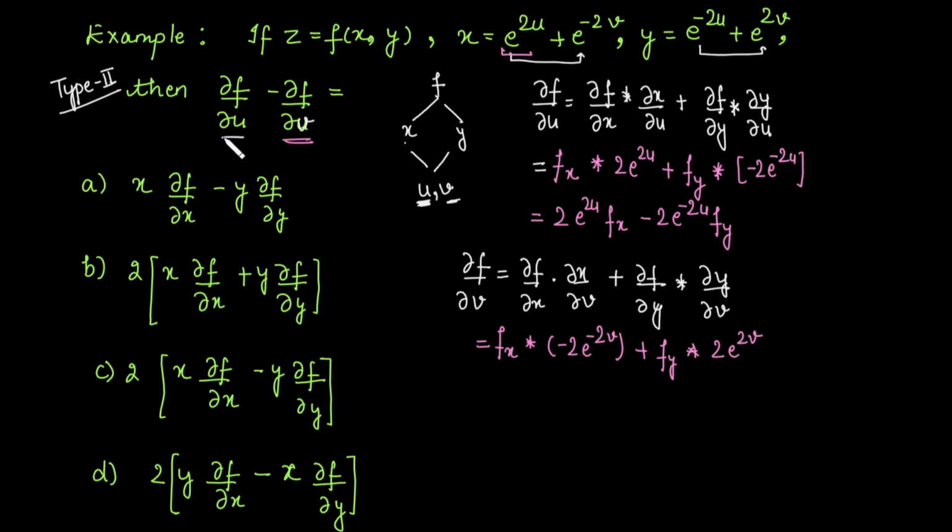Substitute these terms. In this case, we need the partial derivative of the function with respect to u minus the partial derivative of the function with respect to v.